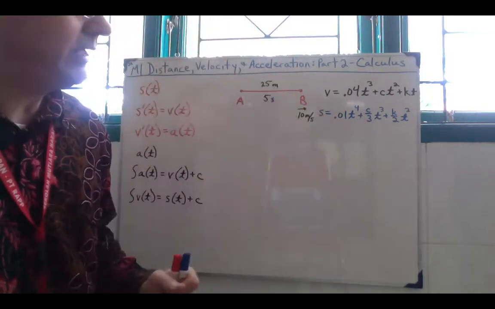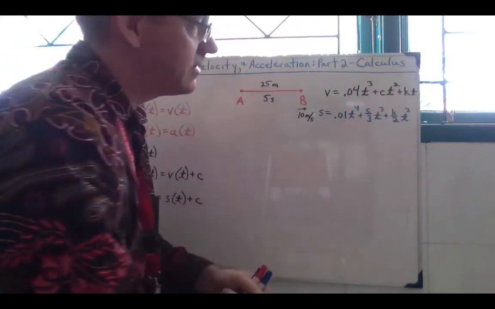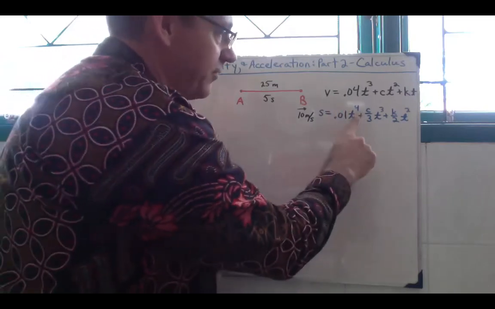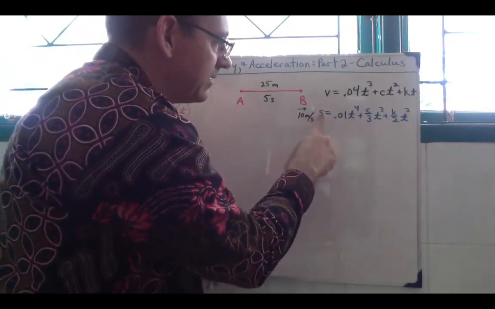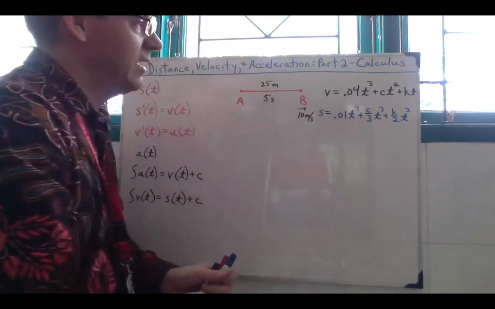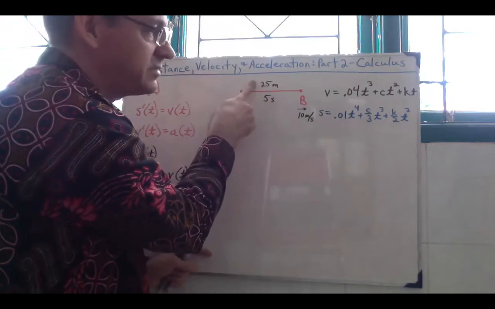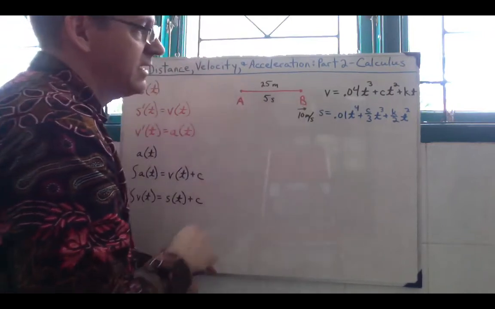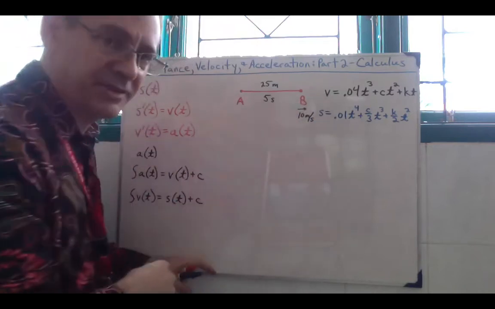Now we've got two equations, and we need to find C and K, and the variables that we're given are T, V, and S. So if we look at this one, we're given a displacement after 5 seconds, and we're also given a velocity after 5 seconds.